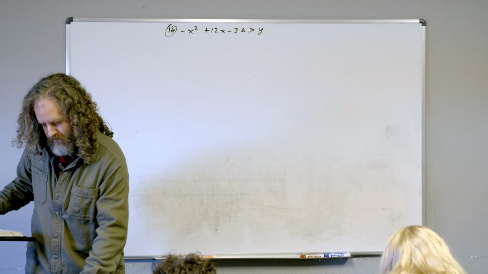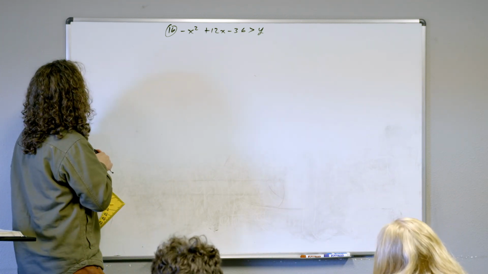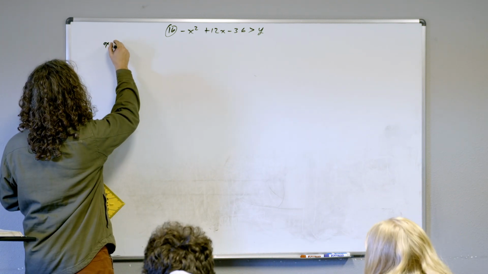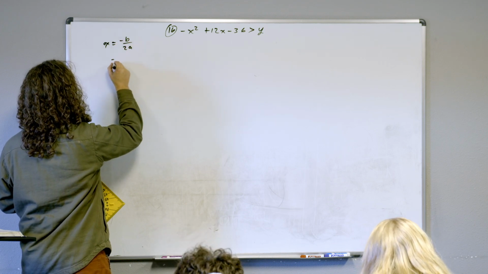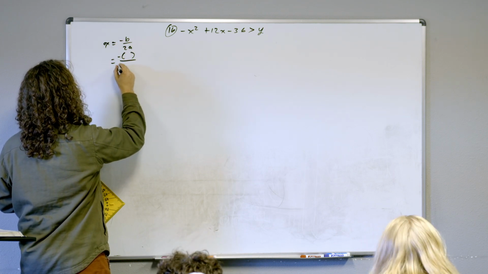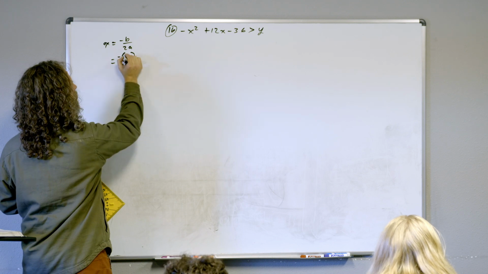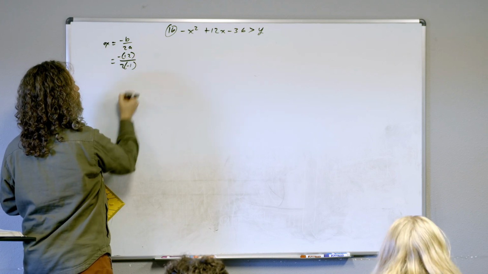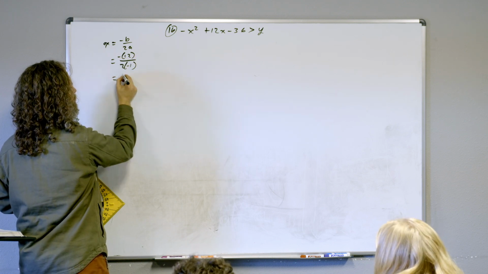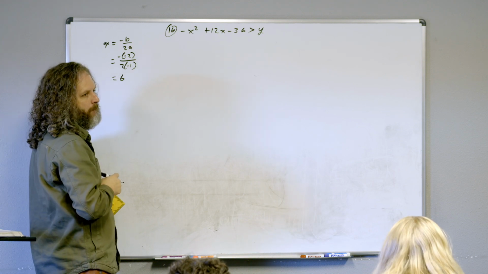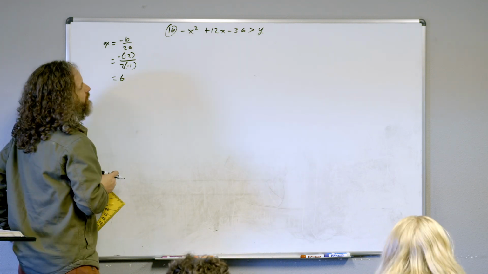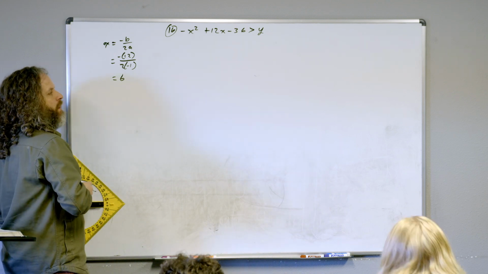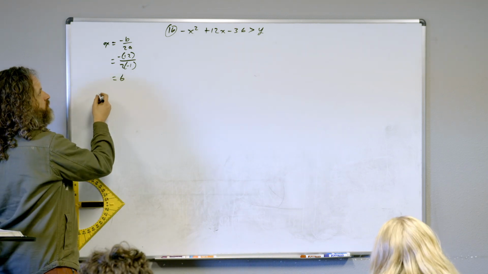So, vertex formula, x equals negative b over 2a. Negative 12 over 2 times negative 1. So positive 6, right? And we can find the rest of the vertex. What do we do to find the rest of the vertex? Sure.